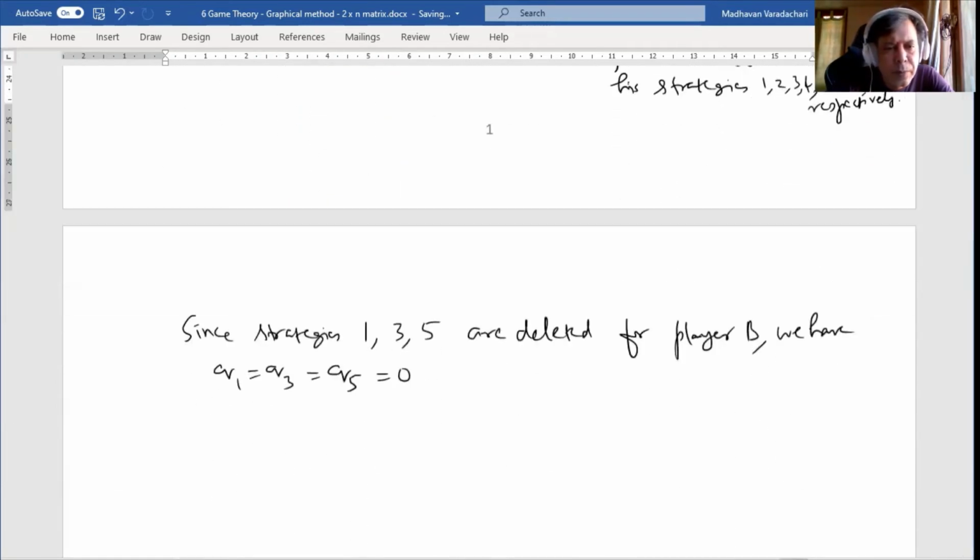And we also know P1 plus P2 equal to 1, which means P2 will be 1 minus P1.